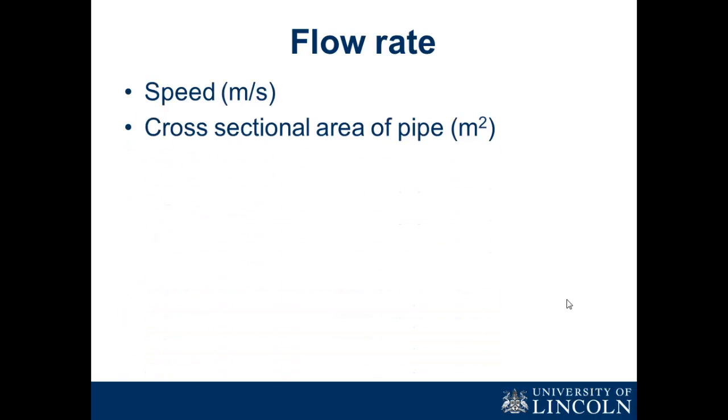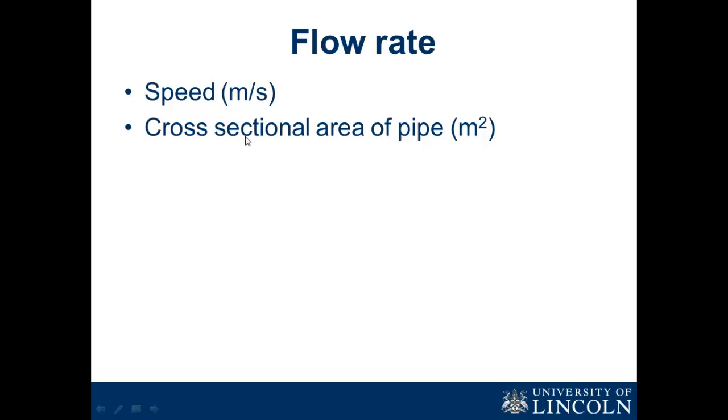The flow rate has to be within a confined area, in this scenario, a pipe, for example. Speed is telling us the distance covered for every second. When you see meter per second, that tells us the distance covered in every second.